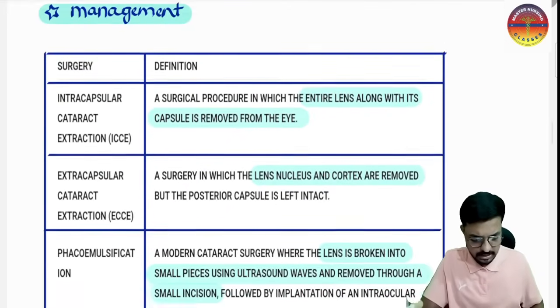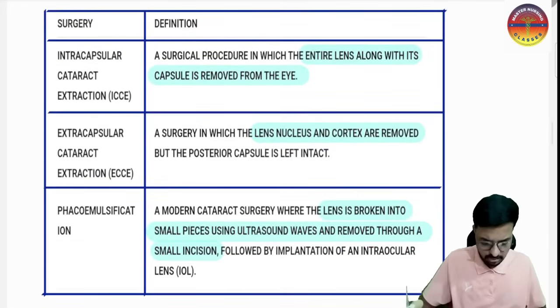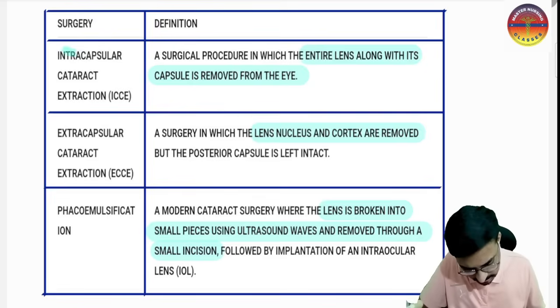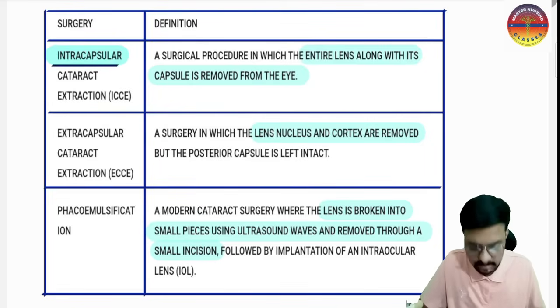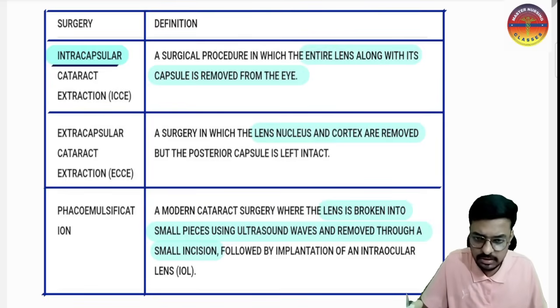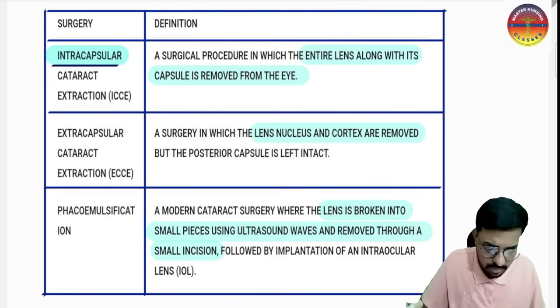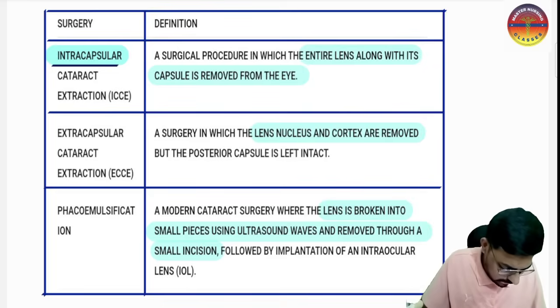Here we have the management of cataract, which is very important to understand. First, intracapsular cataract extraction. Intracapsular means the surgical procedure in which the entire lens along with its capsule is removed and taken out from the eye.